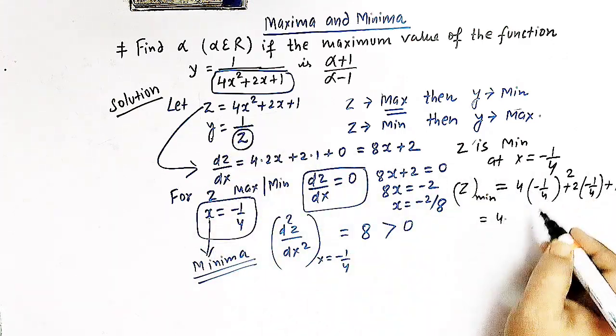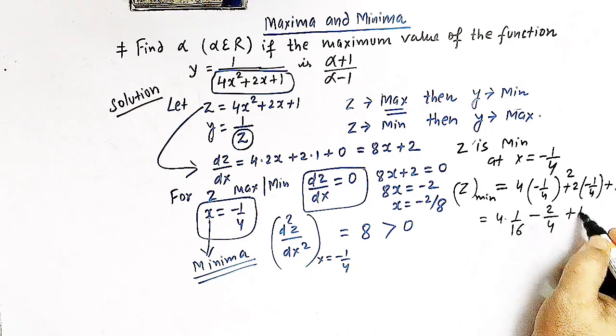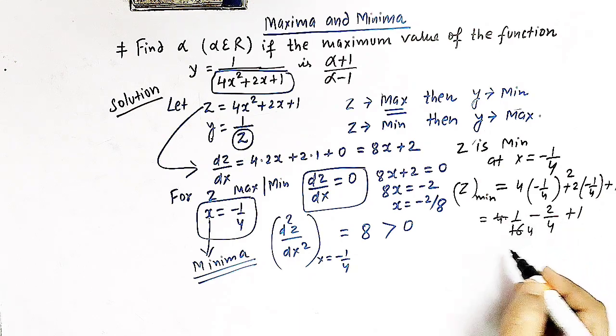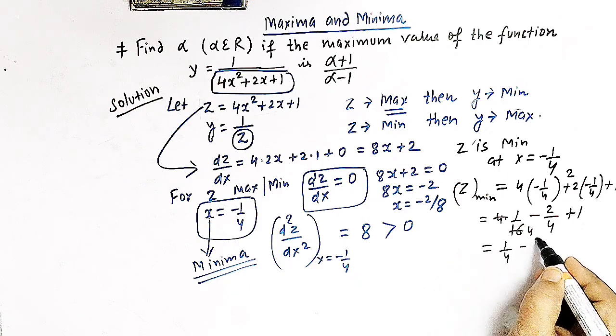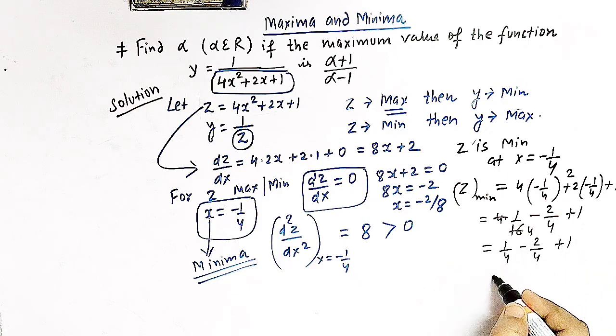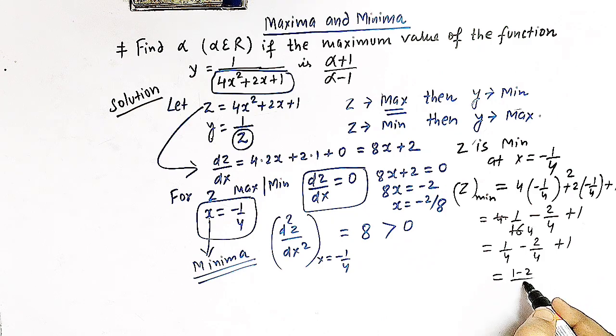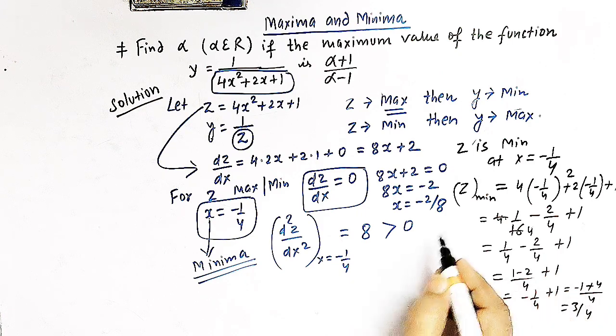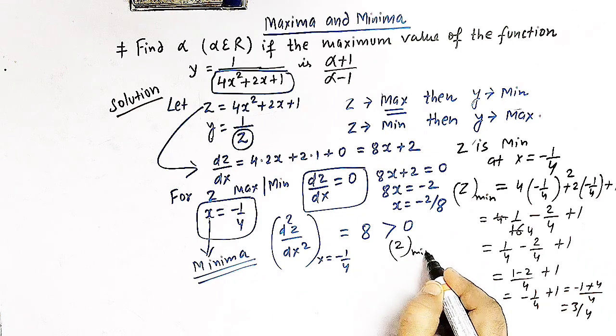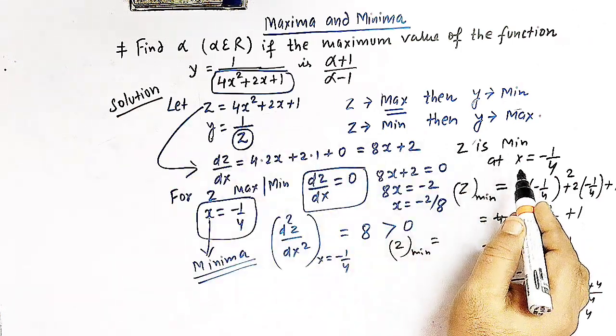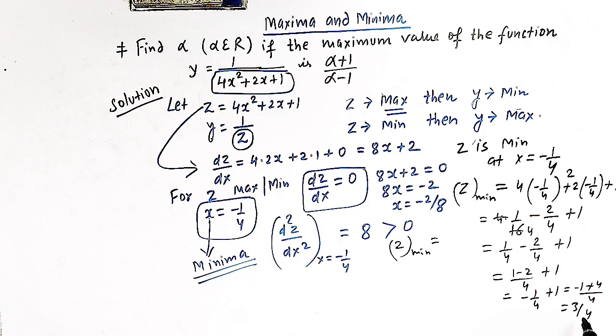So we have 4 times 1/16, and here we have -2/4 plus 1. This is 4 times 1/16, so we have 1/4 minus 2/4 plus 1. So this is 1/4 minus 2/4 plus 1, that is -1/4 plus 1, that is (-1 plus 4) over 4, that is 3/4. So the minimum value of z at x equal to -1/4 is 3/4.